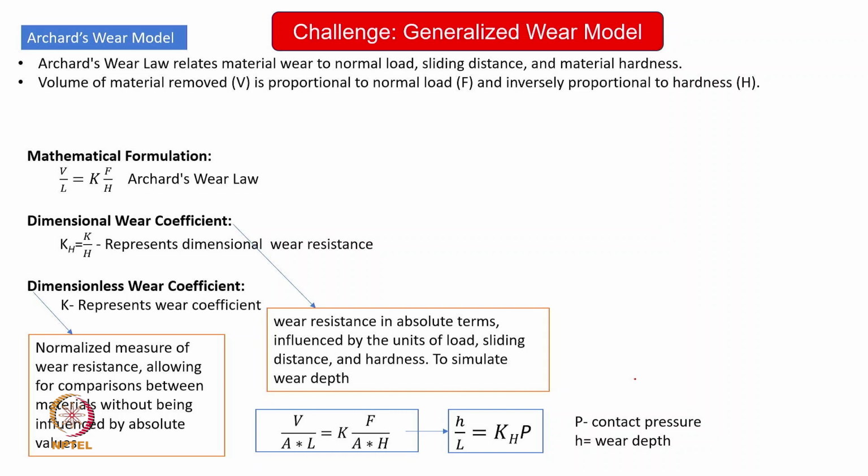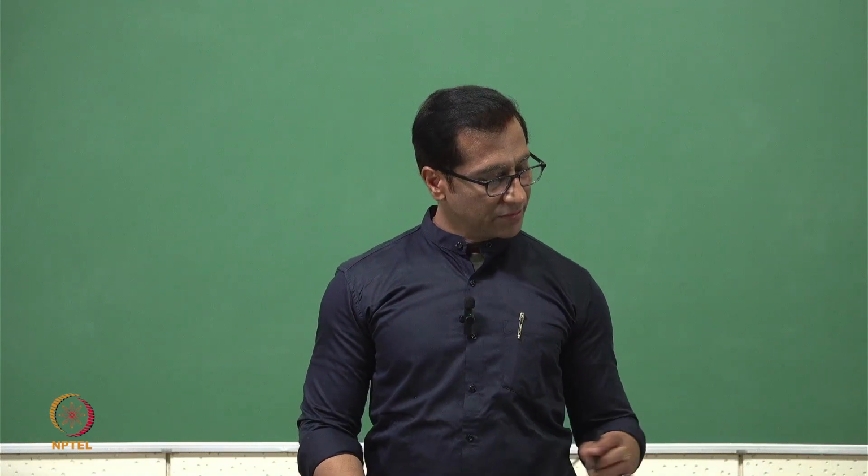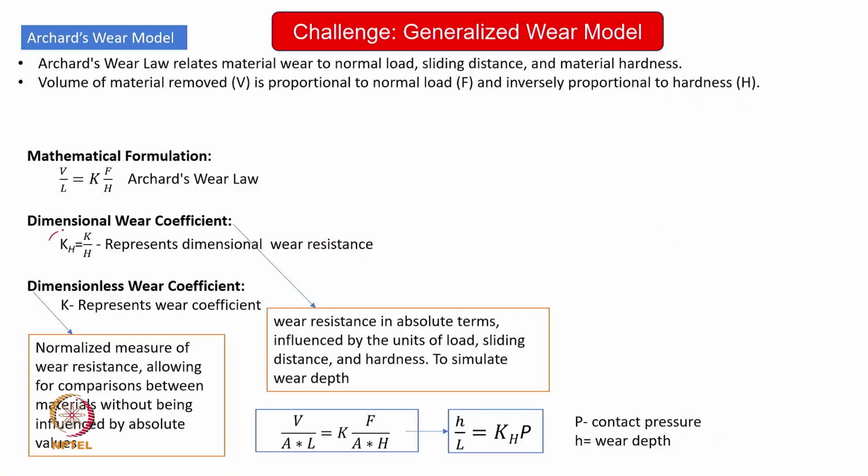Now coming to the question, can I really generalize the wear equation? People have tried a lot, and sometimes they use a wear coefficient directly in dimensionless form. Some authors have given it in dimensional form. They don't count hardness. They say that hardness can be increased or decreased, so it can be incorporated in the wear coefficient itself.